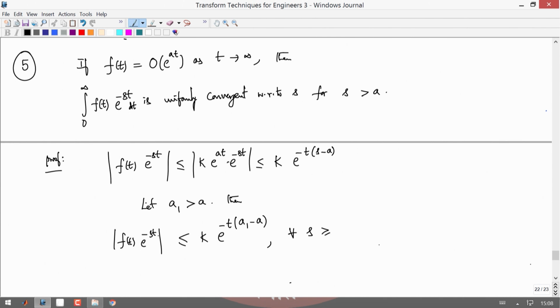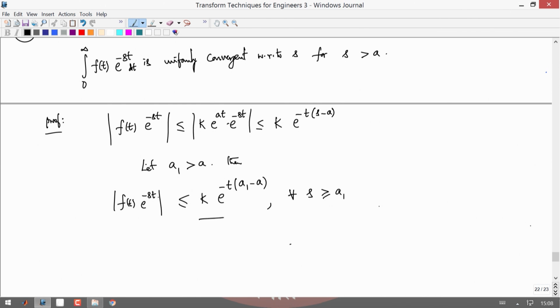For every s bigger than or equal to a1, this quantity is always bigger than that, because a1 is less than or equal to s. So that is what I have chosen.